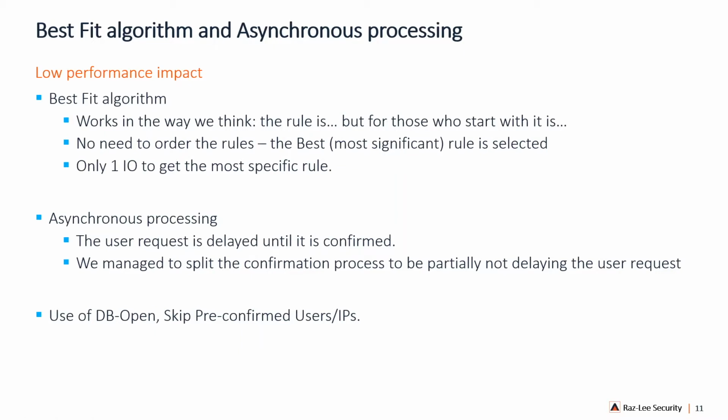Well, as I said and I showed, the firewall stands inside the line of the transaction, so the transaction has to be checked, confirmed, and then allowed to run. This means that there is a dedicated time in which the transaction is delayed until it is processed.